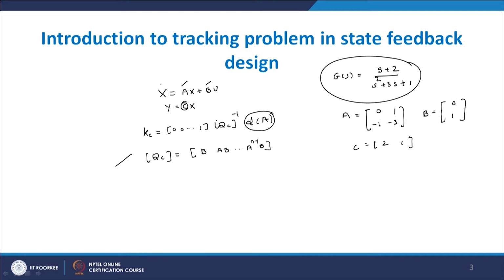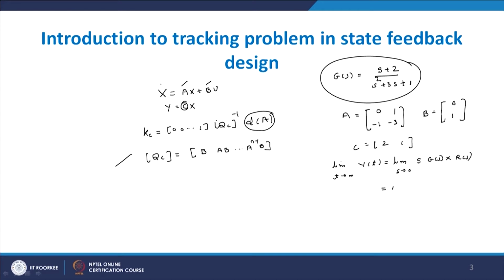So here we will find that A, B, C is there, and if you find the steady state output by using the final value theorem, it is given as limit t tends to infinity of y of t equal to limit s tends to 0 of s G of s into R of s.